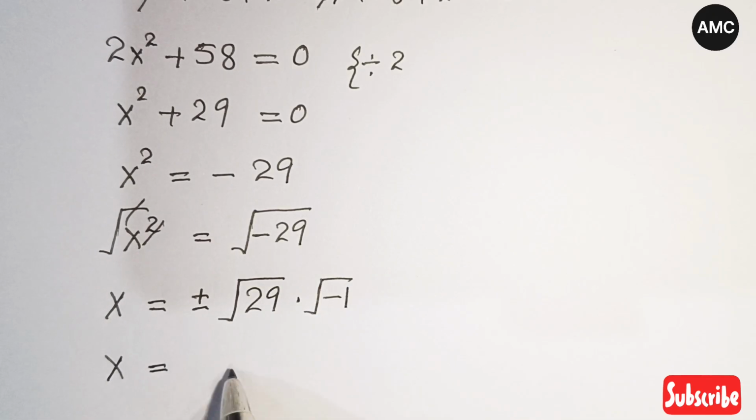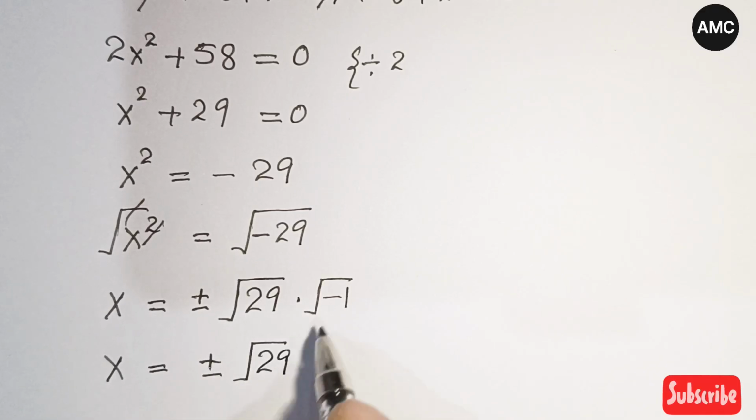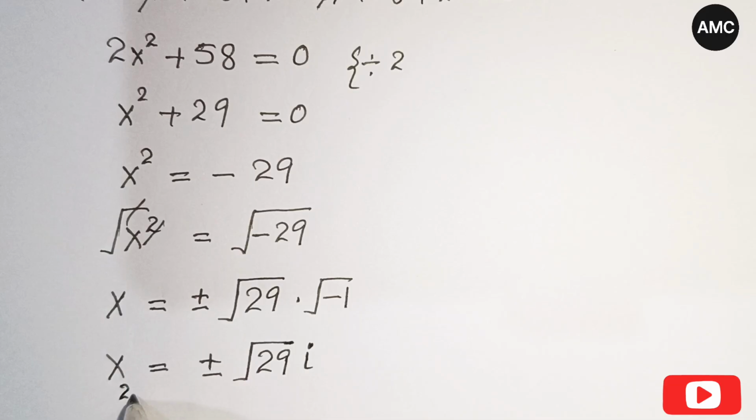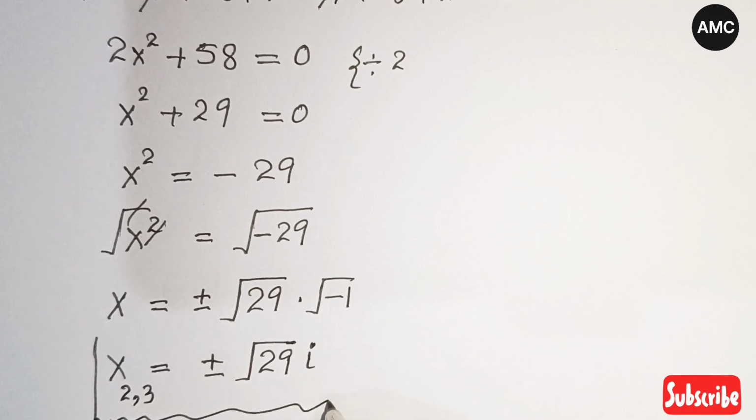So x will be plus minus square root of 29, and we know that square root of minus 1 is equal to i. So we get the values of x2 and x3, that is plus minus square root of 29 i.